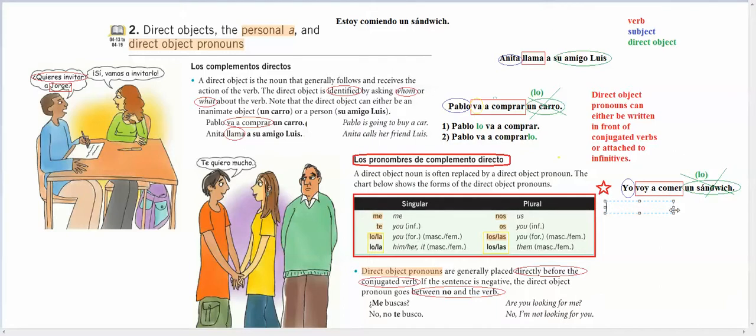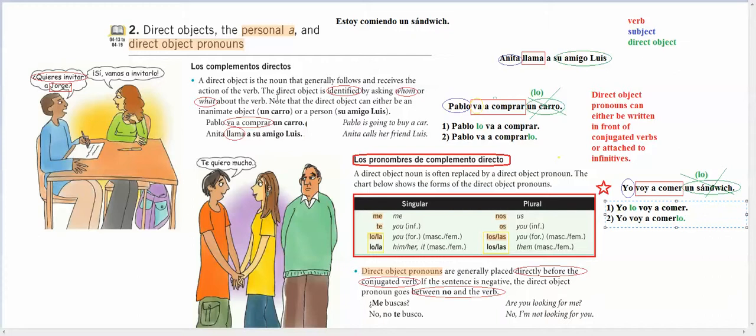So I could write yo lo voy a comer, which would be option 1. Or option number 2 would be yo voy a comerlo.